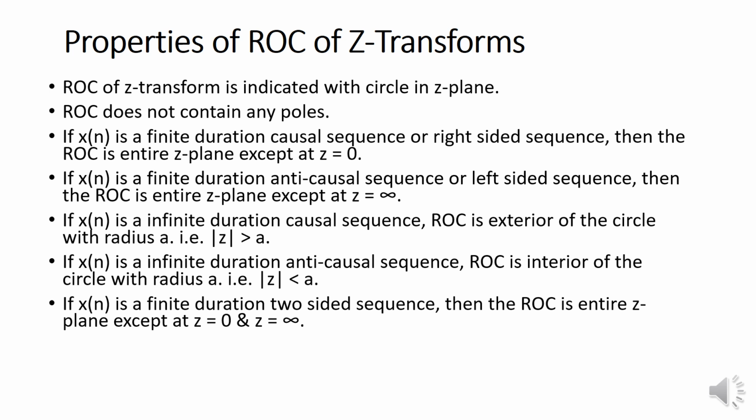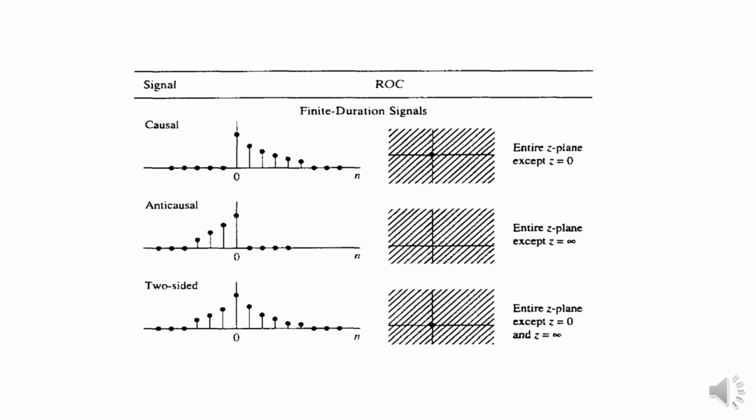Then the ROC is the entire z plane except z equals 0 and z equal infinity. So these are just some properties, and I'll show you how that works when we are doing the rest.